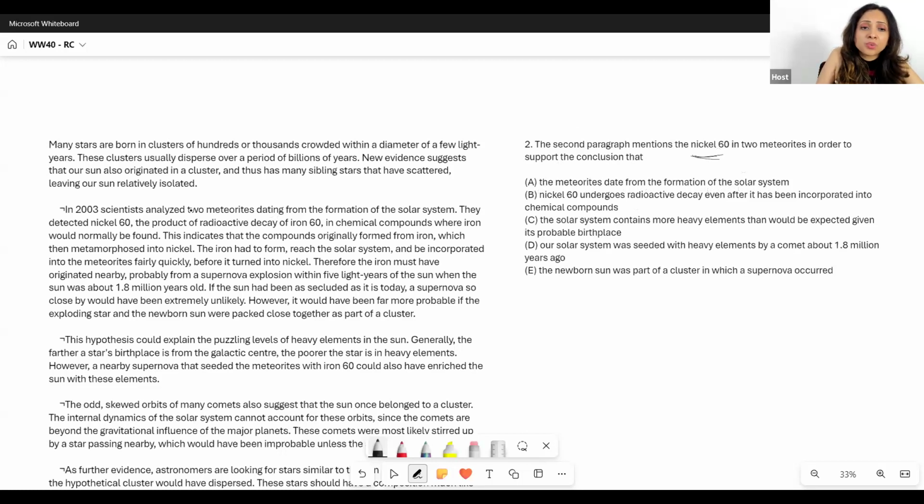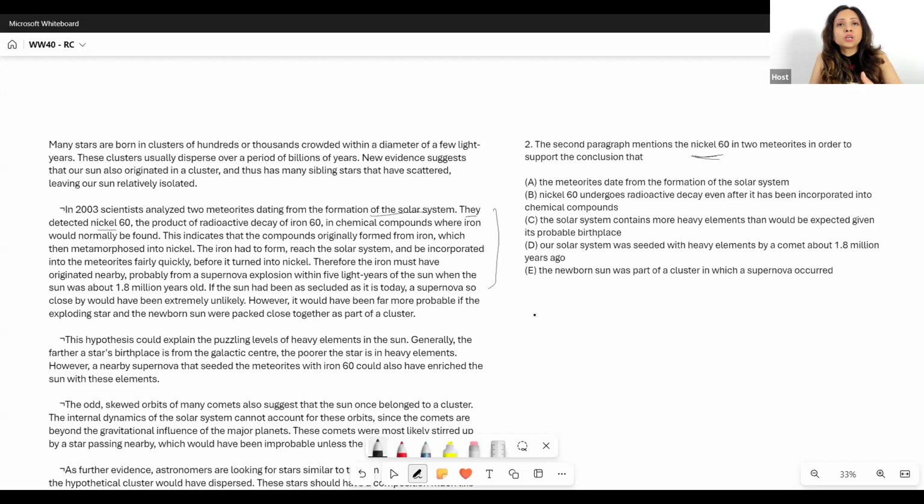No. So look, this is the information that it gives us. It says that they analyzed two meteorites dating from the formation of the solar system, then they detected nickel 60, etc. And then he goes on to tell us that nickel 60 means that there was iron 60 over there because these compounds have iron. Then he says iron is a very heavy element, and this means that perhaps there was a supernova, which would have given the iron.